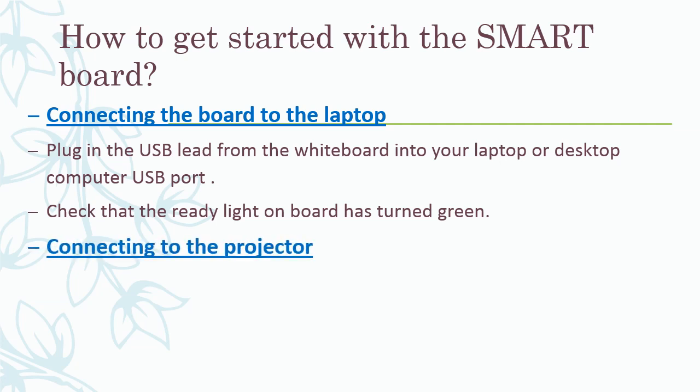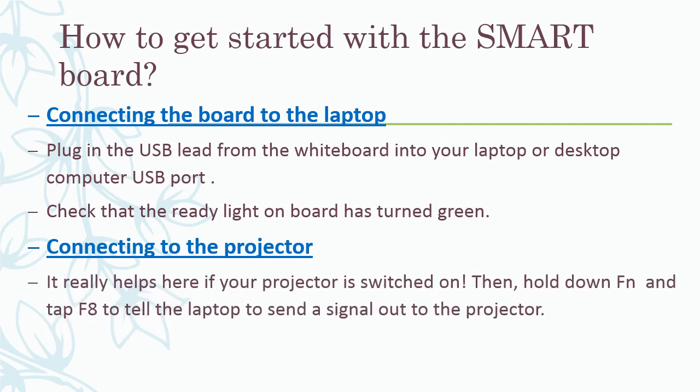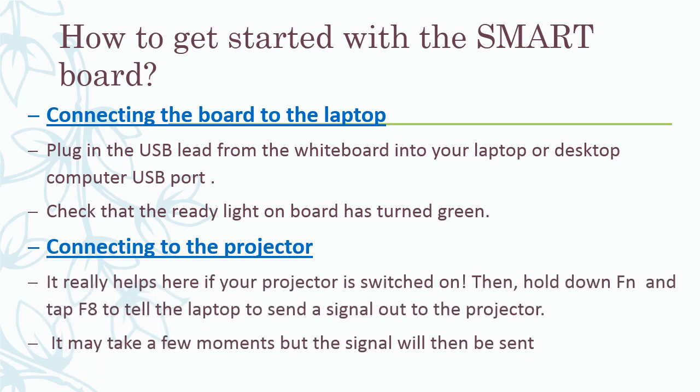The second step is connecting the projector. It really helps here if your projector is switched on. Then hold down the function button on the keyboard and tap F8 to tell the laptop to send a signal out to the projector.